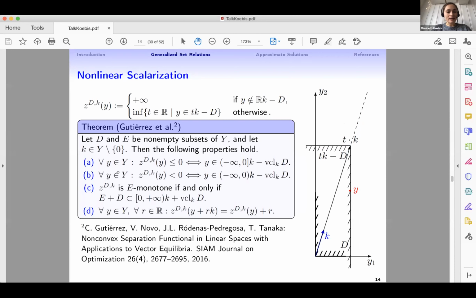And we have that the objective function value of Z is strictly smaller than 0 if this holds, where 0 is excluded from this interval. Furthermore, we have that Z is E-monotone if and only if this inclusion here holds true. And we have the following property. We have that for all Y and real values R, Z of Y plus RK is equal to Z of Y plus R.